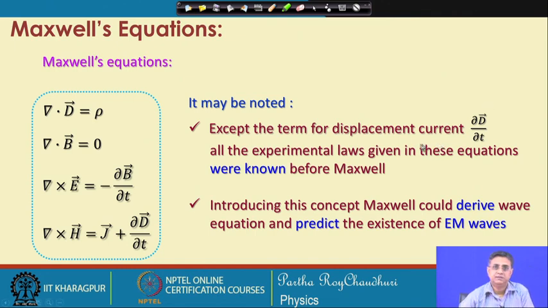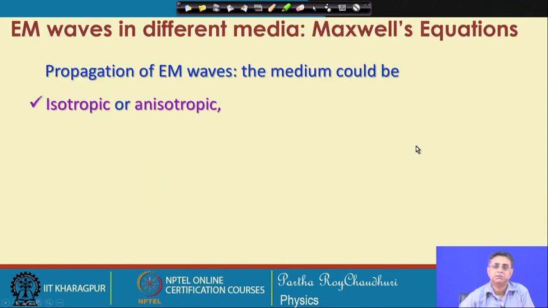This we will see at a later stage, how the experimental laws put together give you Maxwell's equations, and from there you arrive at the wave equation. From there you calculate a very important quantity, the velocity of the wave, and how you verify the experimental law.